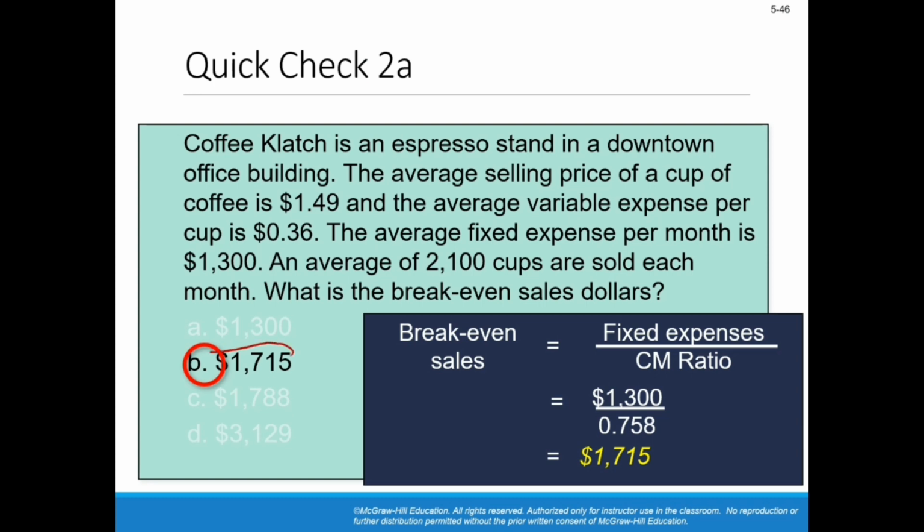So you need to sell $1,715 per month in order to get a profit of 0. If you remember, this number here was computed previously in the example of coffee clutch, but we computed it again this time.